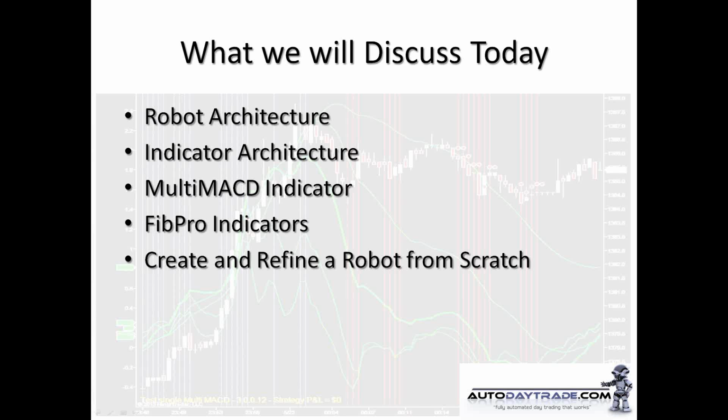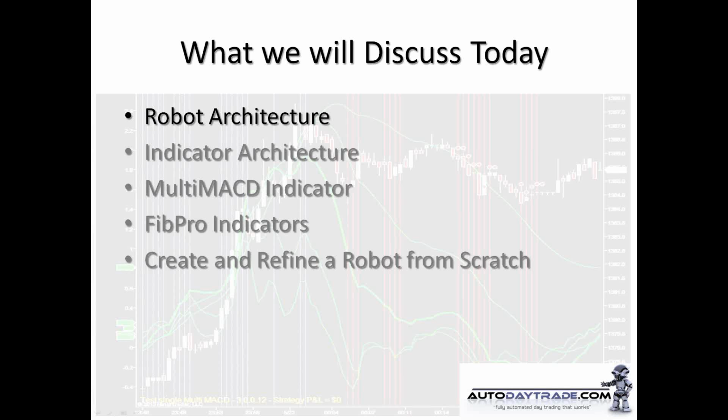Finally, we're going to create and refine a robot from scratch. We're not going to talk about money management, since that is a huge topic all by itself and was covered pretty well in the Developers Version Technical Presentation webinar. This is so much fun, I really think you'll love it. Ready? Okay, here we go.